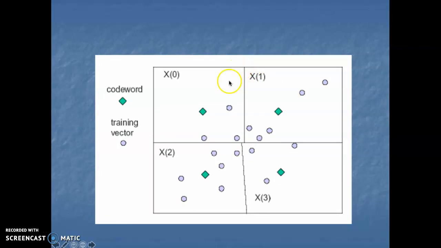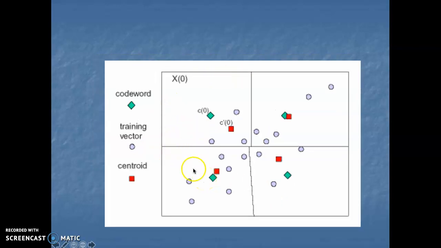For example, this is the codeword for this region, this one, and this one. As time goes, the codeword will change to fit the data in that particular region. You have to have a small distance compared to the other codewords, so you have to calculate the distance to get the minimal distance.